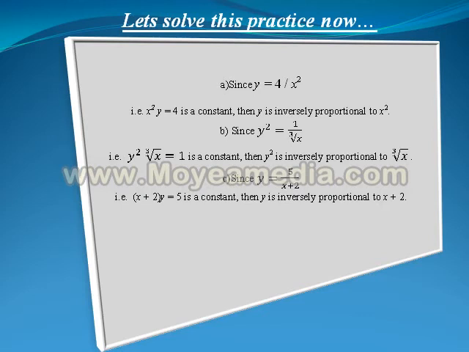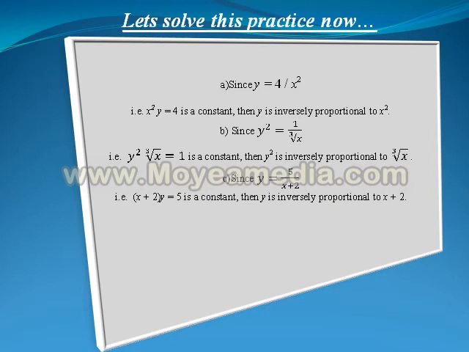This product means multiplication of y square and the cube root of x. Since the product is equal to 1 and 1 is a constant, we can say y square is inversely proportional to cube root of x. Again, y is not inversely proportional to x here.